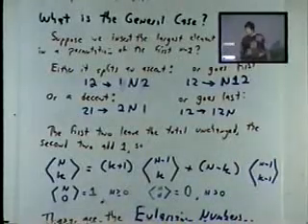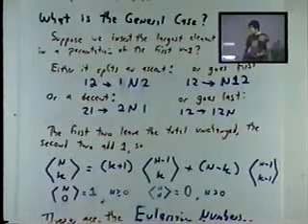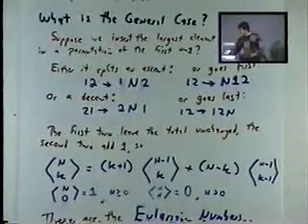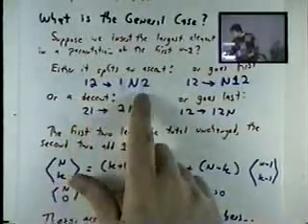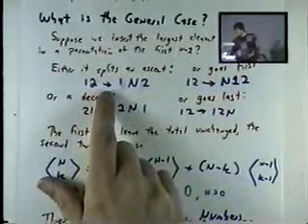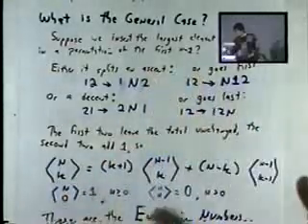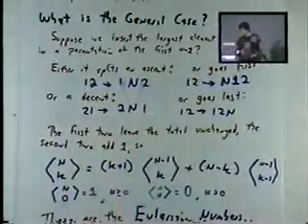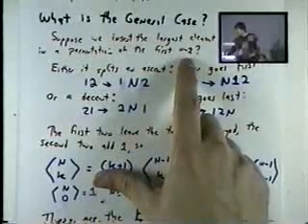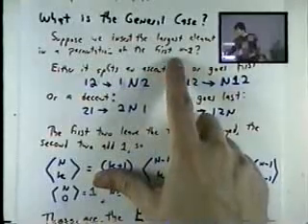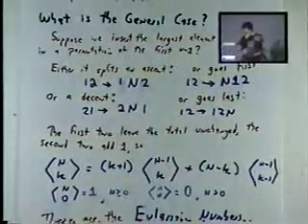Where can you think of sticking it? I'm going to be given a permutation of n minus 1 elements, and I'm going to insert the nth element into that permutation.